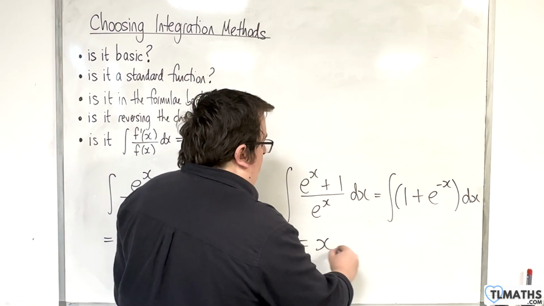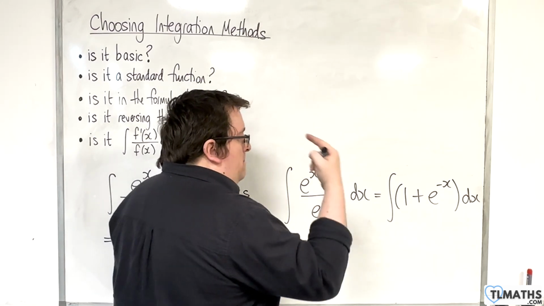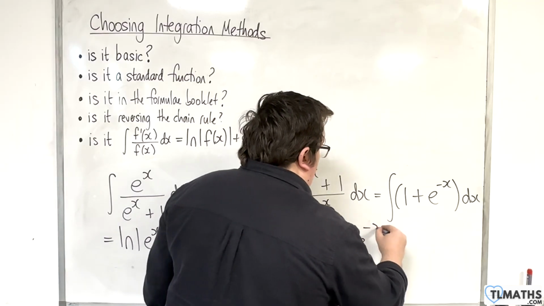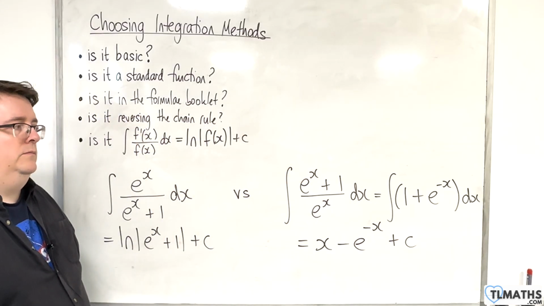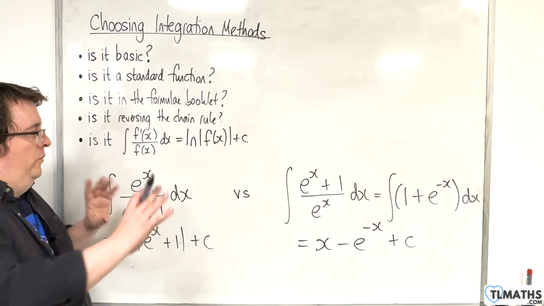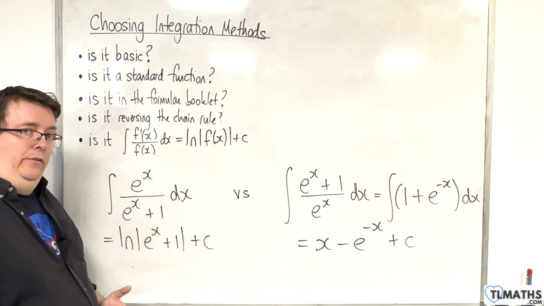So we get x, and then e to the minus x will integrate to minus e to the minus x, plus some constant c. So two very similar looking integrals, but different methods.